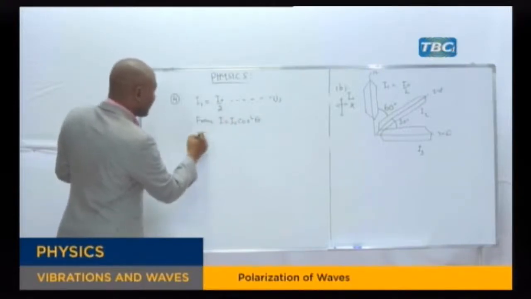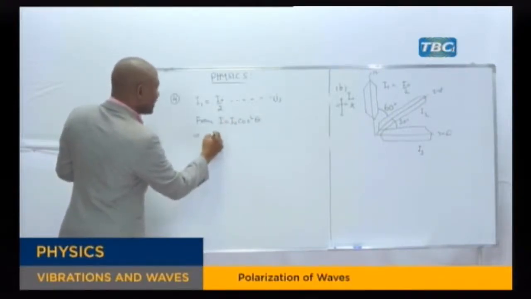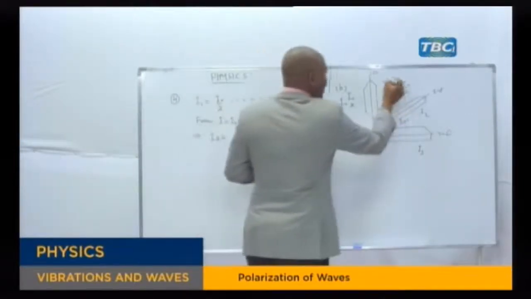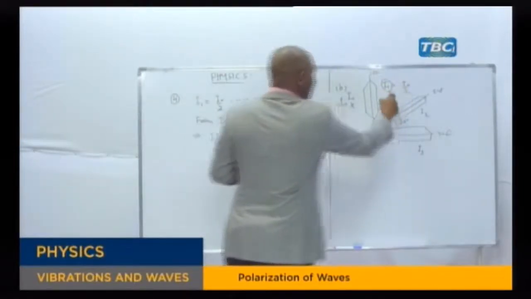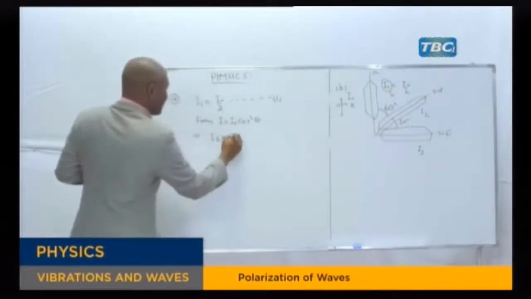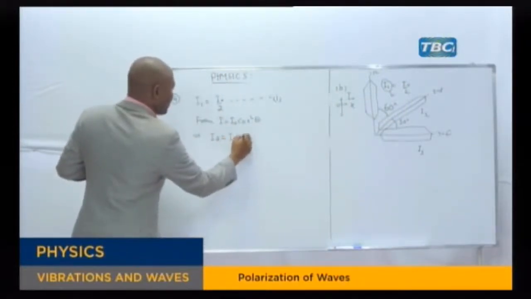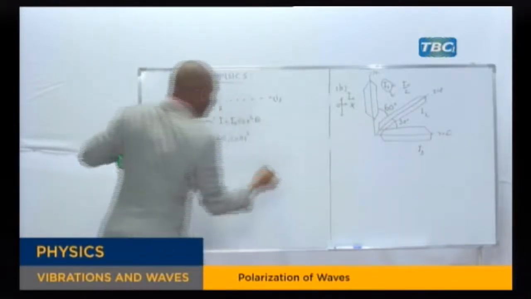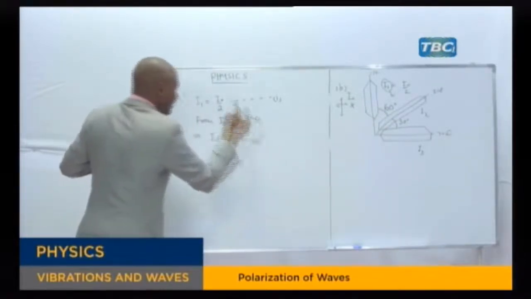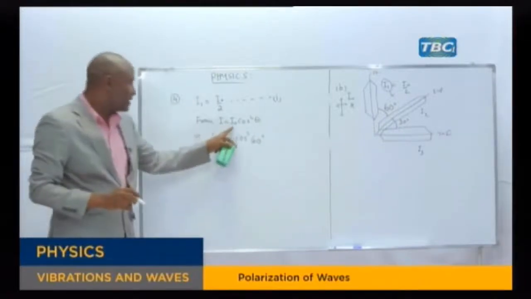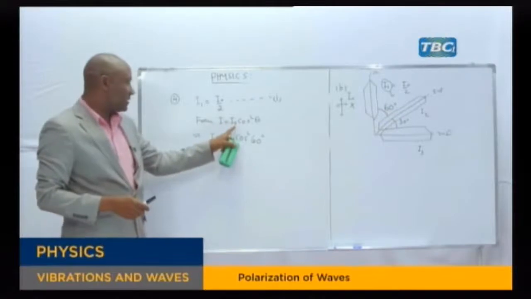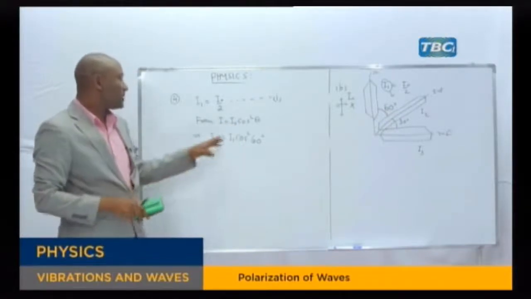So from this, we can find that I2 equals the initial, which is I1, times cos squared of the angle between these two polaroids, which is 60. Don't confuse this initial with the initial taken from here.